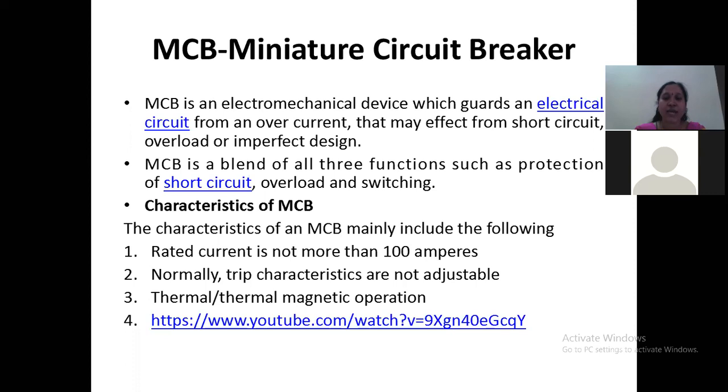Normally, trip characteristics are not adjustable. Thermal or thermal magnetic operation is prevailing. Okay, and a link is also given here for checking out the miniature circuit breaker operation. You can check it out in that particular link. I'll provide you this particular PPT afterwards, after the completion of this class.